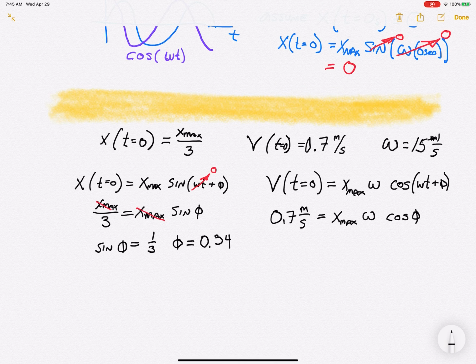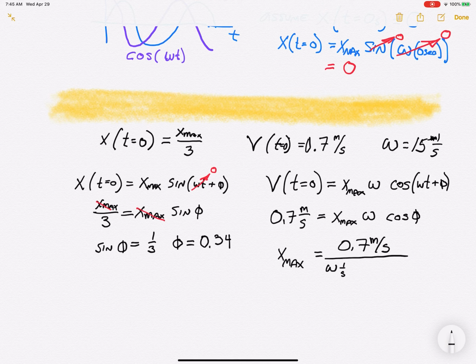Now, because we're looking for x max, it's again a straightforward calculation. We take the 0.7 meters per second and divide it by omega, which comes in as 1/seconds.